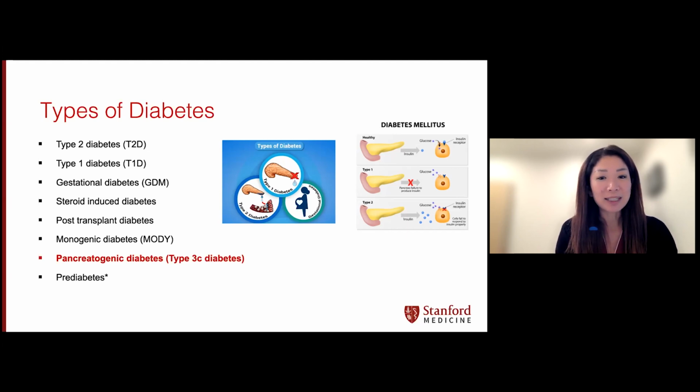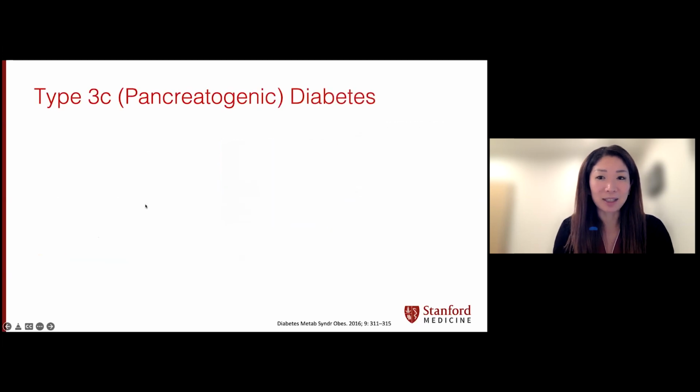And then pre-diabetes, which is really kind of a pre-disease state where people who have that are at much higher risk of developing type 2 diabetes. Again, most of the information that you will see online, and most of the information from your healthcare providers, is probably going to be centered around type 2 or maybe type 1 diabetes, but there's really not that much on type 3C diabetes.